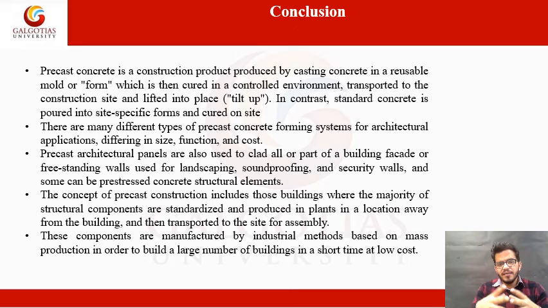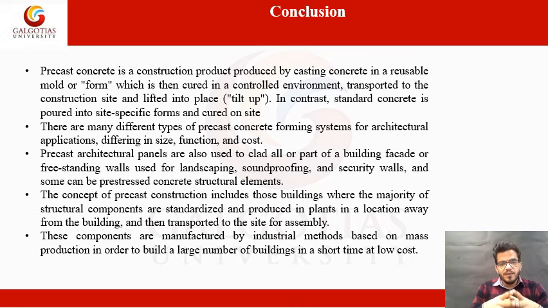There are many different types of precast concrete forming systems for architectural application, differing in size, function, and even cost. Precast architectural panels are also used to clad all or part of the building facade, or as free-standing walls used for landscaping, soundproofing, security walls, and some can be pre-stressed concrete structural systems as well.